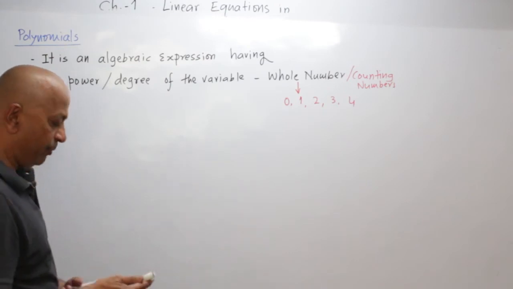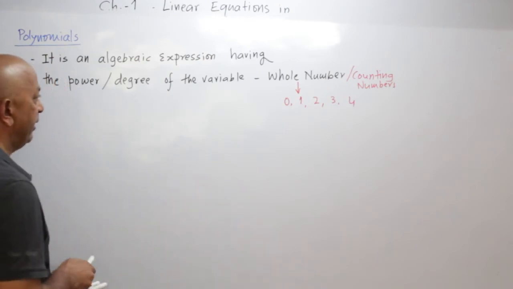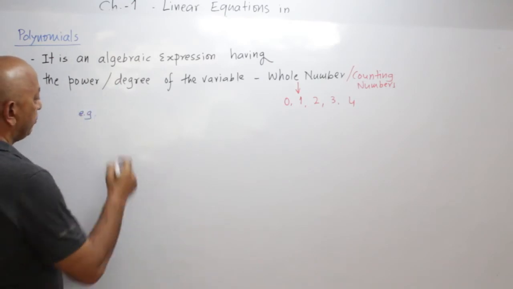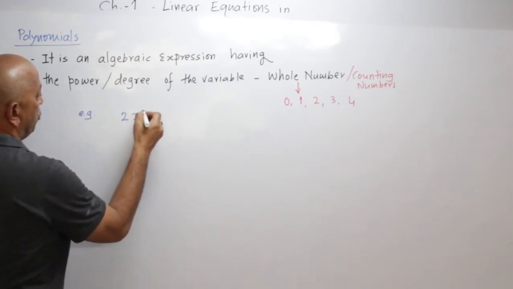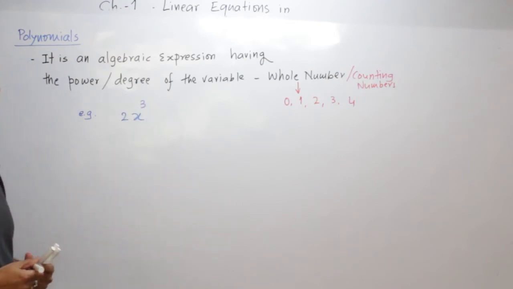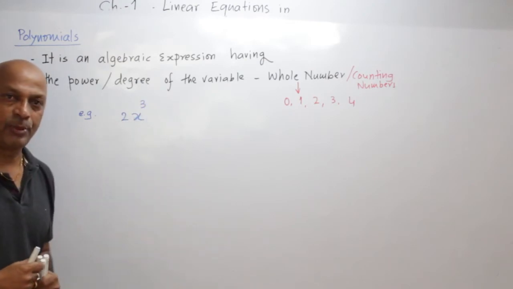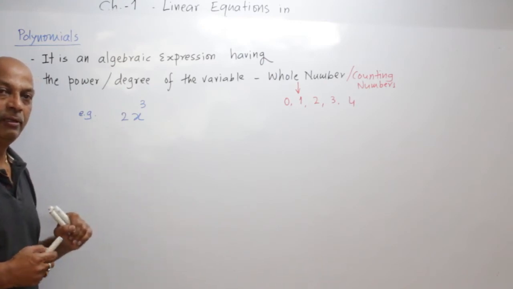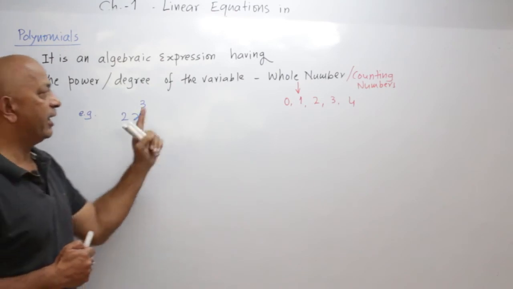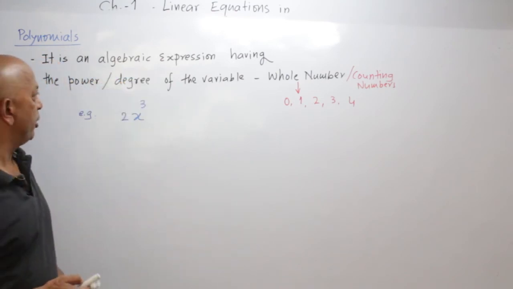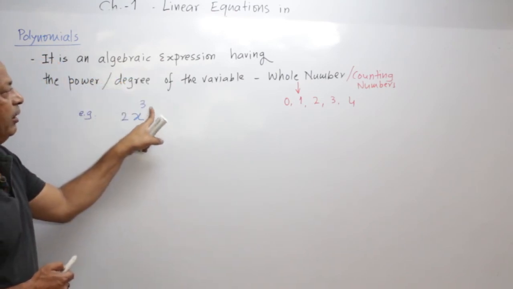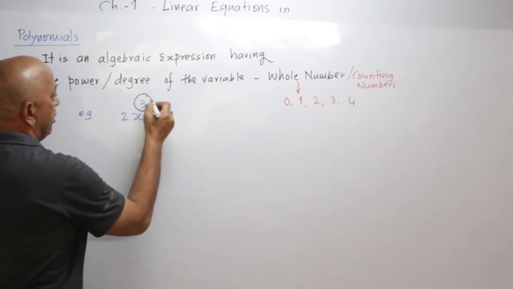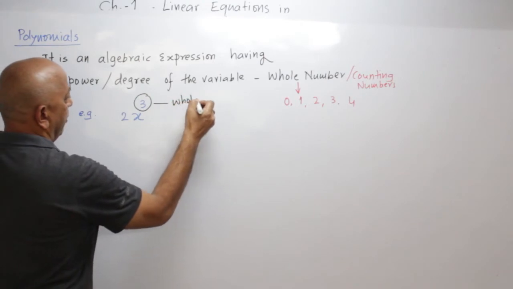So let us take an example. 2x raised to cube. Okay. This is an algebraic expression. Whether this is a polynomial, चलो condition देखते हैं. It's an algebraic expression having power degree of the variable which is a whole number. So this is a whole number.